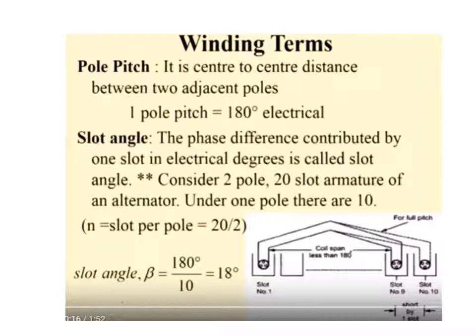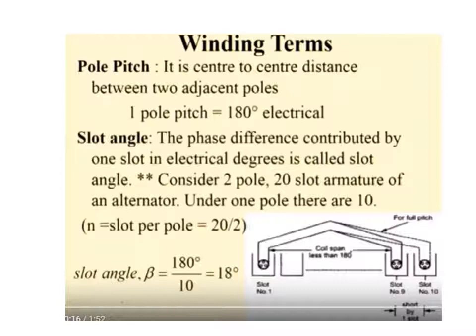One more difference: mechanical energy must be supplied to the alternator from a prime mover. For the salient pole type rotor, hydraulic turbines are used as the prime mover, but for the cylindrical type, because of the high speed, steam turbines are used.